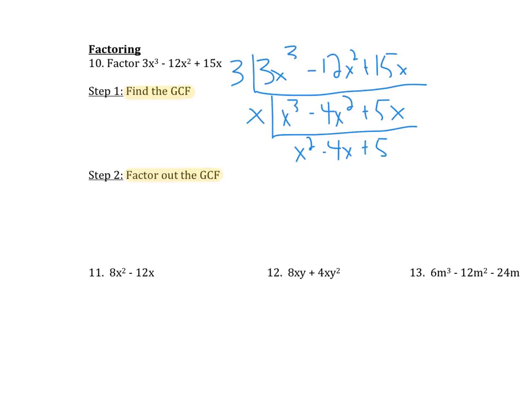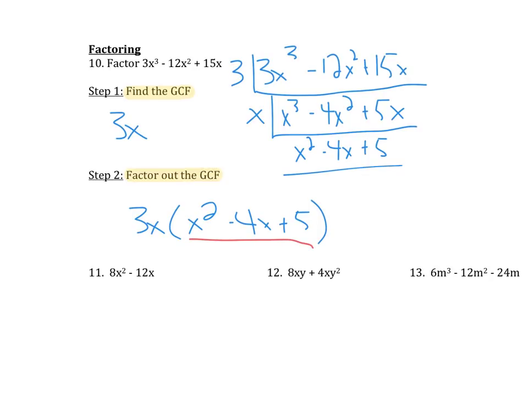So then our GCF is 3x. I now want to factor that out, so I get 3x on the outside. And the nice thing when we do the ladder, that tells us what is left on the inside. Now eventually we'll get to looking to see if we can factor that further, but right now we are just focused on the GCF.